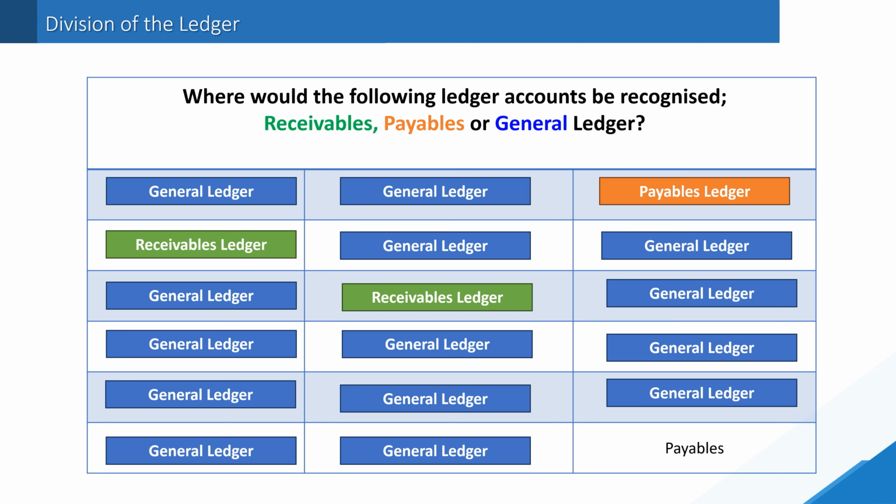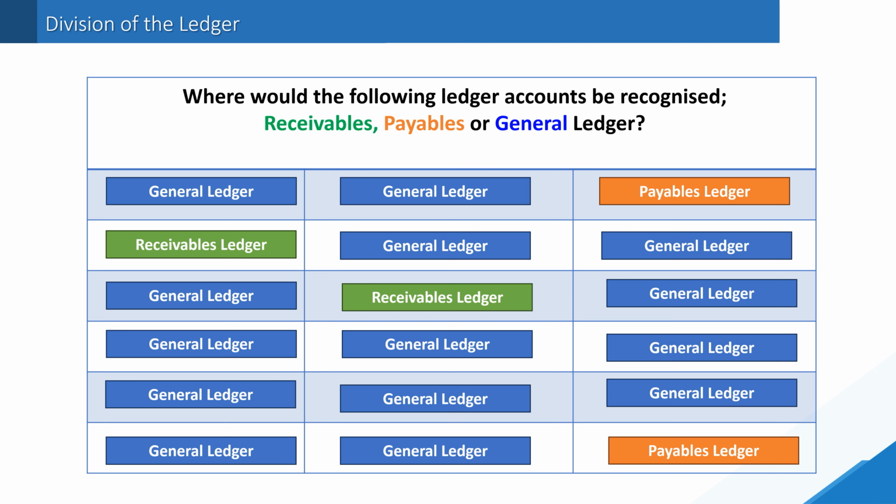And finally, any payables accounts will belong within the payables ledger, recognising the liability the business has. At first glance at that table, there's a lot of blue text on there. There's a lot of general ledger accounts, and that really is the story of the ledgers. The receivables ledger records the individual customer accounts.